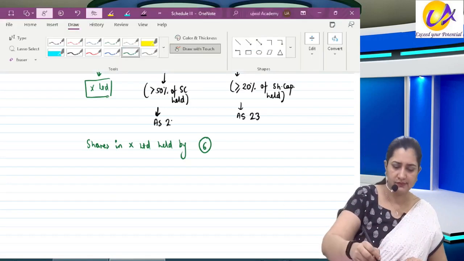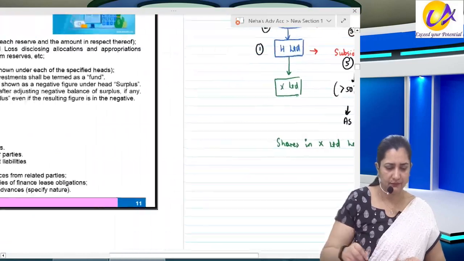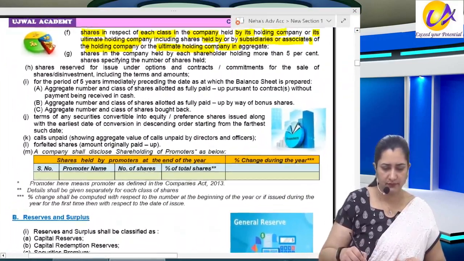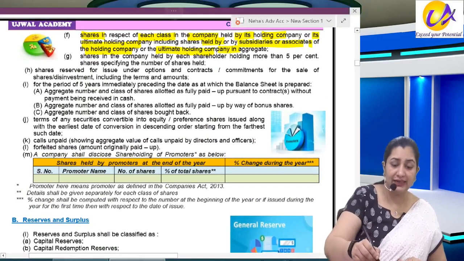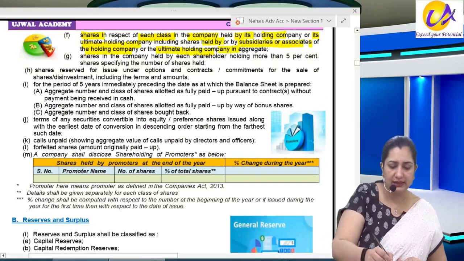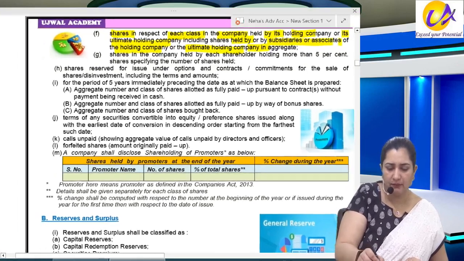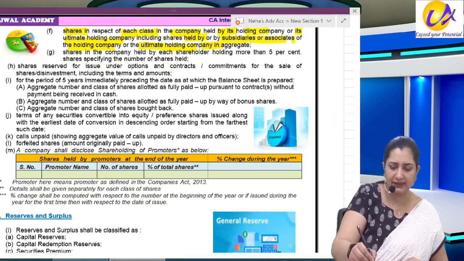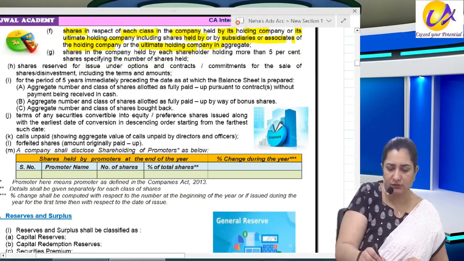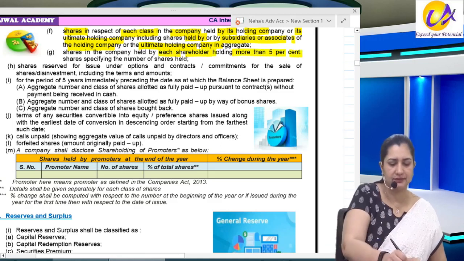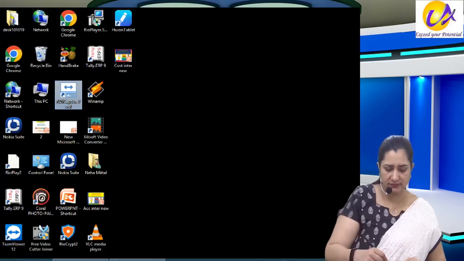Then we also need to give the names of the shareholders: names of each shareholder holding more than 5% shares, giving the number of shares.